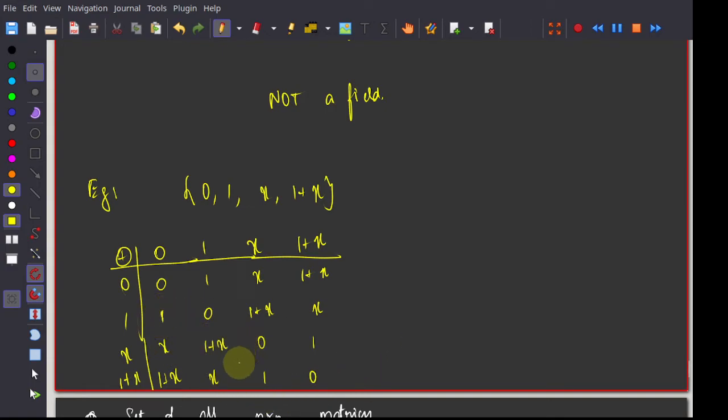So this is the addition operation, but I'm going to define multiplication in kind of a funny way.